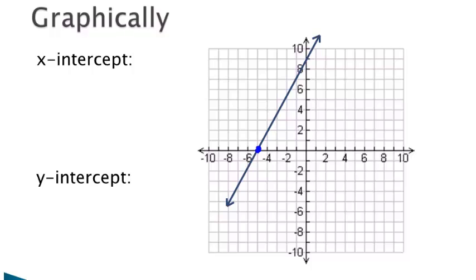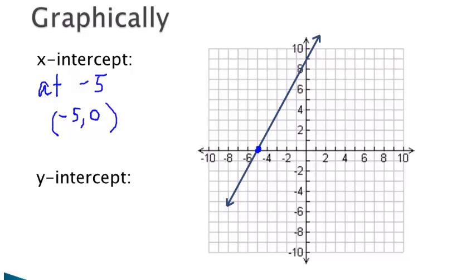We can say that the x-intercept occurs at -5. The more common way to express the intercepts is as an ordered pair. So as an ordered pair, this would be -5, 0. Remember, to get to this point, as we move from the origin, we would move to the left 5 spaces first, and then up and down 0.